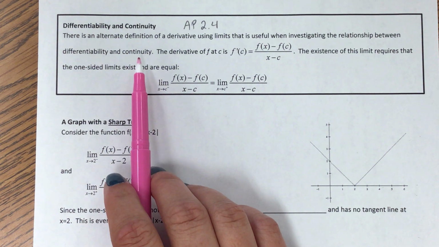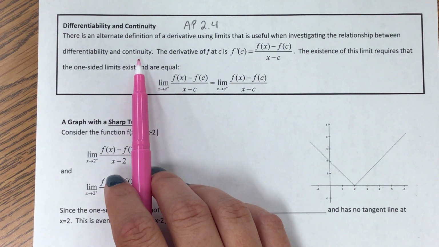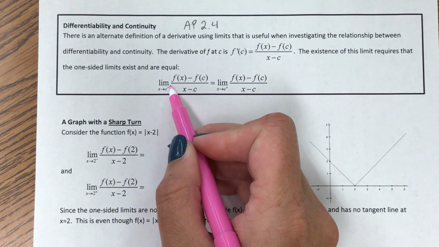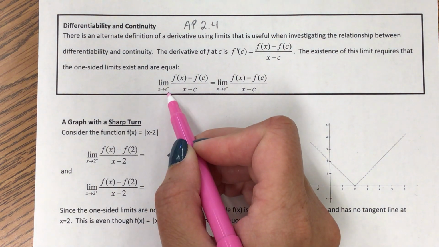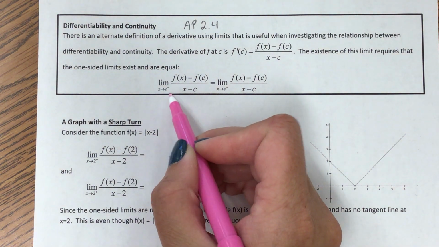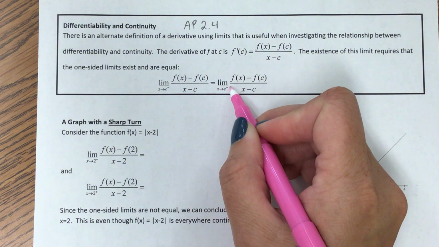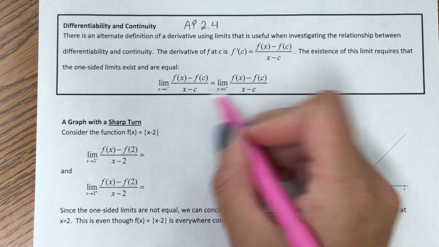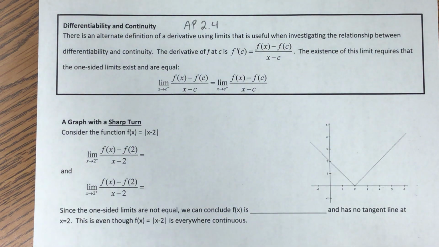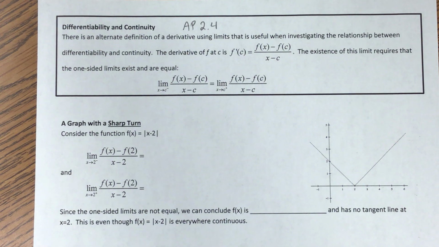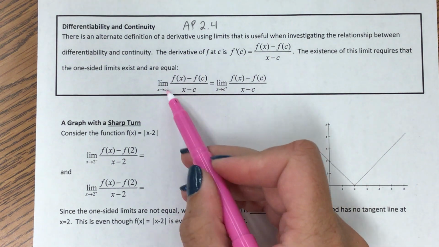There was that 3-part definition of continuity as well, which was that the left side limit, x approaches c from the left, and the right side limit, x approaches c from the right. If those two limits are the same, heck yeah, that's awesome.